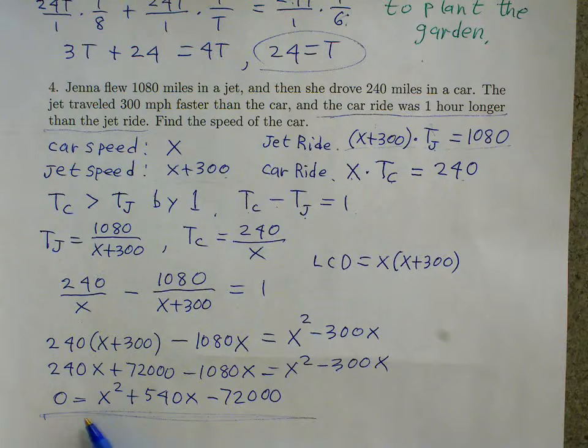Using the AC method, 1 times negative 72,000, find two integers that have a product of negative 72,000 and add up to 540.